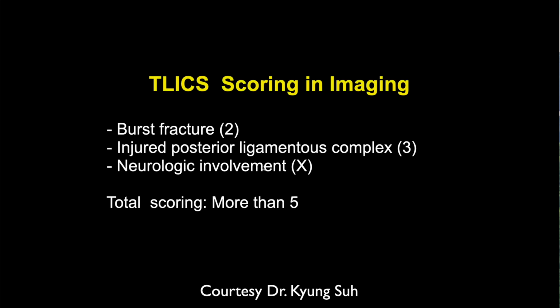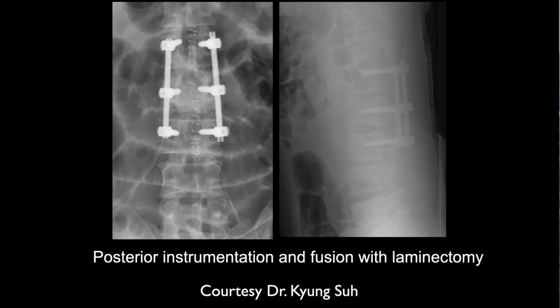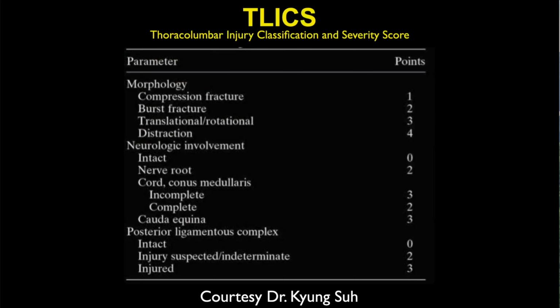So they thought this was a burst fracture, injured the posterior ligamentous complex. We don't know what the neurologic involvement is, but so far we've got a 5, which would put it in the surgical category. Okay. And they went in and operated on that patient. So that's kind of the TLICS classification system.